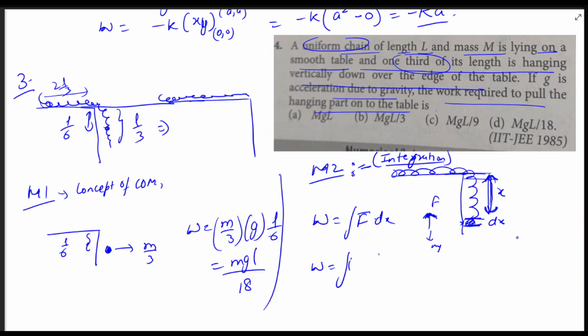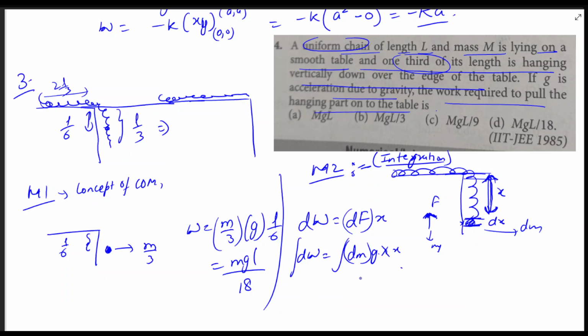This particle will have a mass dm, so we'll write dm g into x, right? The force will be constant on the dx particle, so we'll just write F into x. So dW will be dF, because a small force I have to apply, and the small work done will come out to be dm into g into x, right?